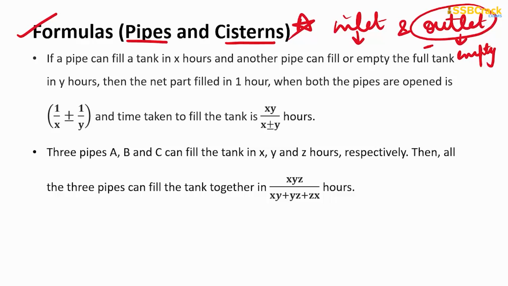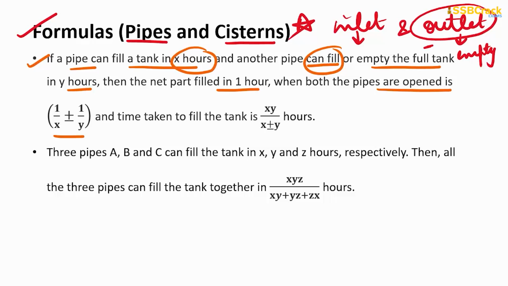So let's discuss some of the important formulas of this topic also. Here, if a pipe can fill a tank in x hours and another pipe can either fill or empty the tank in y hours, right? Then the net part filled in 1 hour when both pipes are opened is this. See, we know that if pipe A can fill the tank in x hours and pipe B can fill the tank in y hours, we are taking the case of filling.